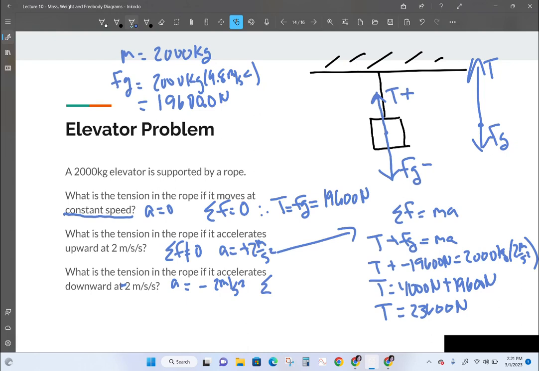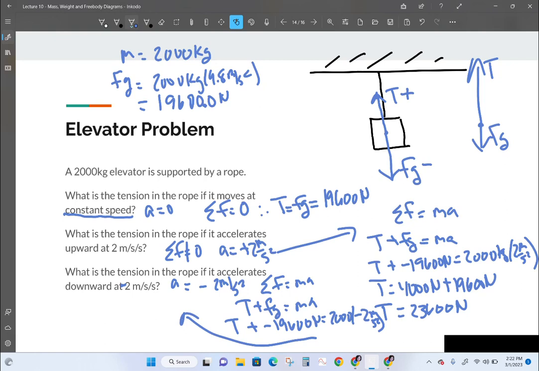Our net force is still going to make it accelerate. It's still going to be tension plus weight equals ma, and it's still going to be tension plus negative 19,600 newtons equals 2,000 times negative 2 meters per second squared. I'll put that over here. So when we do this, we're going to end up with tension equals, we have to add 19,600 to both sides, negative 4,000 newtons, because negative 2 times 2,000 is negative 4,000, plus 19,600 newtons.